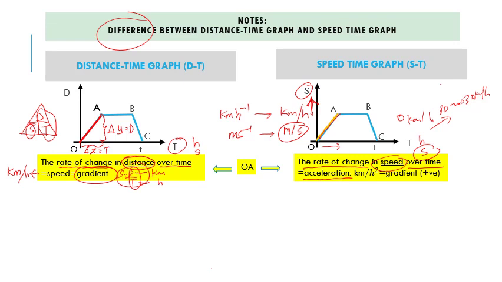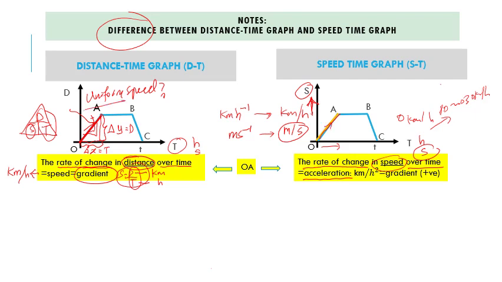But for this one, the speed does not change. The speed is uniform. Why? You can see here the gradient is always the same. The big triangle, the small triangle, is all the same. So the speed is uniform.